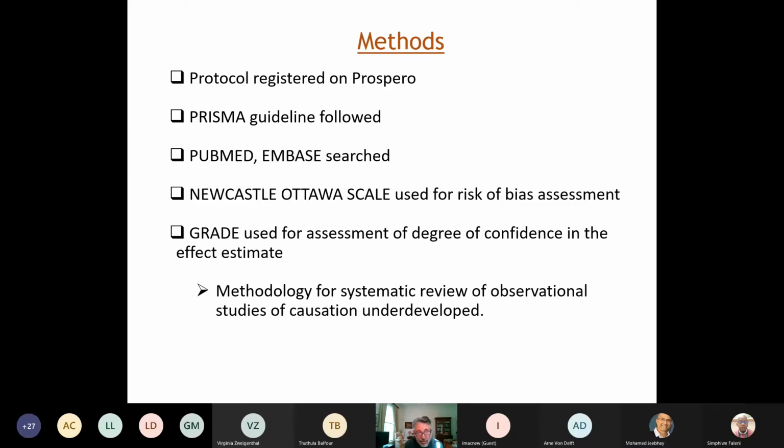If you're unfamiliar with systematic reviews, some of this will be very arcane, but if you're going to get involved in systematic reviews, you have to read them, so you probably have some passing familiarity. And I should say that one of the things that I realized was that the methodology for systematic review of observational studies of causation, particularly in occupational and environmental health, is underdeveloped and somewhat contestable.